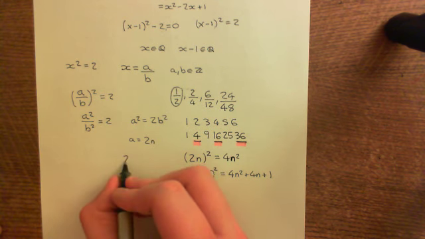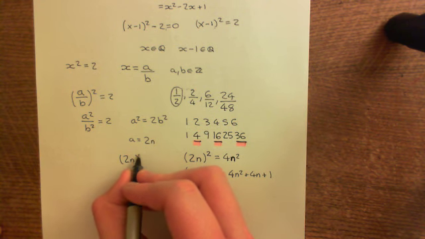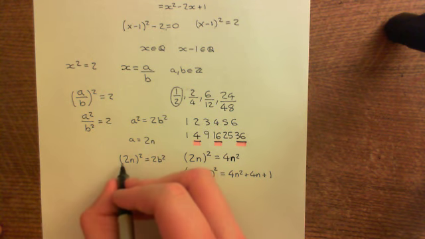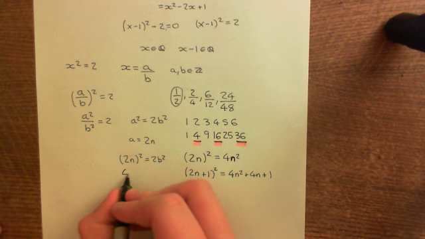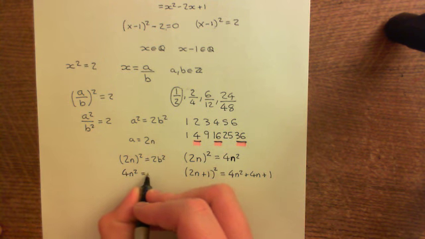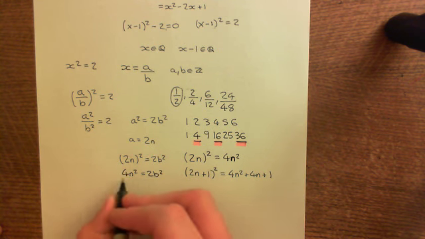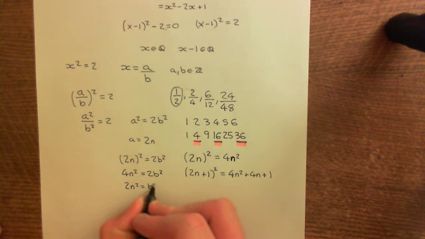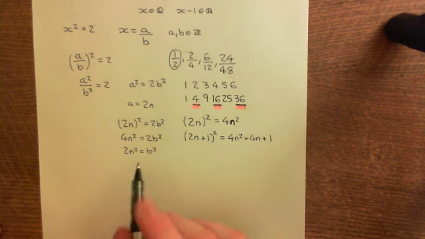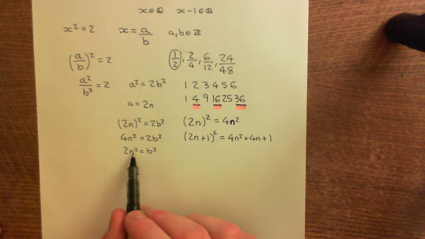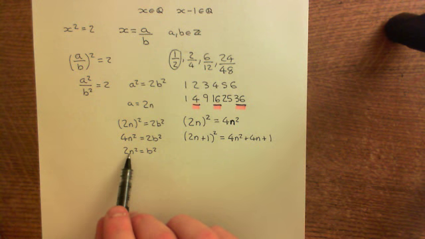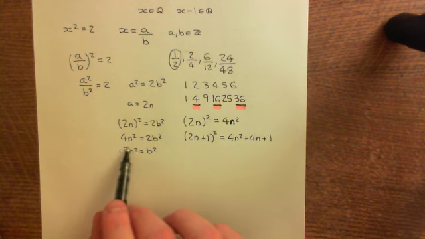Now substitute that in. We get that 2n squared therefore must equal 2b squared. Multiply this out, and we'll get that this is 4n squared, and it's equal to 2b squared. Cancel the 2's, and we get that b squared is equal to 2n squared, which implies that since n was some integer, it might not necessarily have been a positive integer, but it was some integer, then n squared is a positive integer, and you've got it multiplied by 2, so this is an even number.